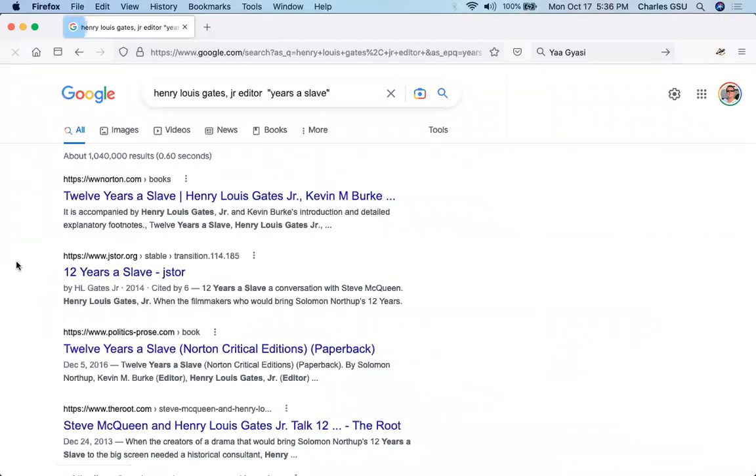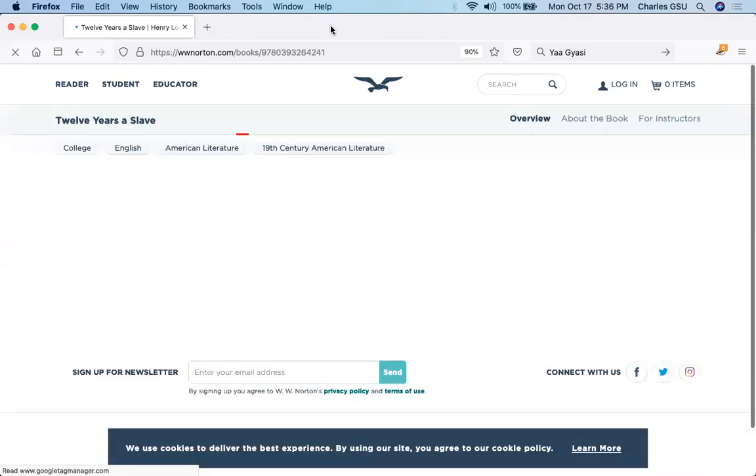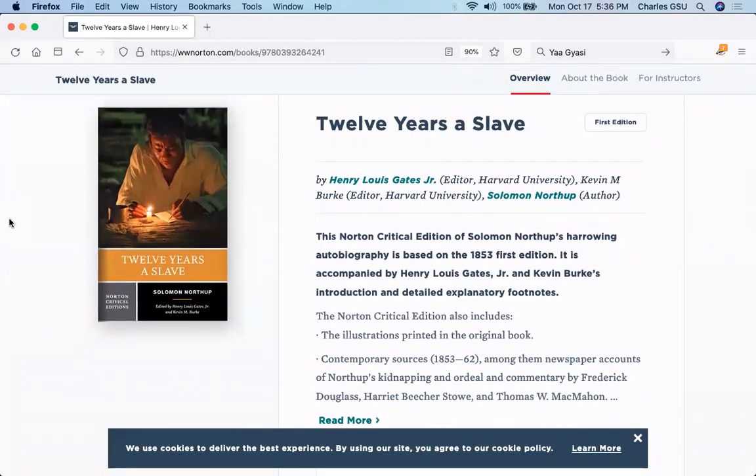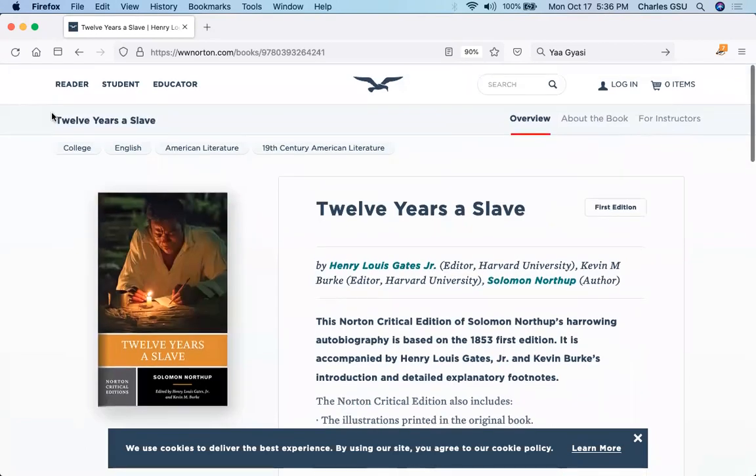It's 12 years. I don't know why I said 17. So this is a fairly famous narrative now because it was made into a film. But what Gyasi is describing in the novel is actually accounted for in real life by Solomon Northup, who's the actual author of this narrative, edited by the African American scholar Henry Louis Gates Jr.